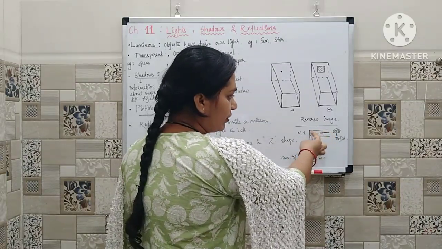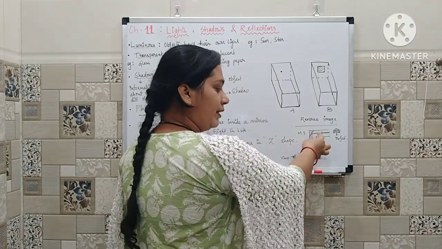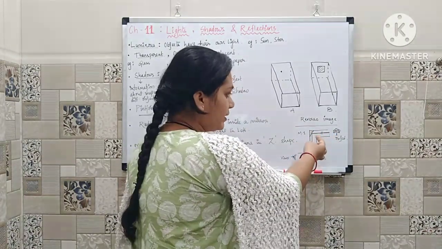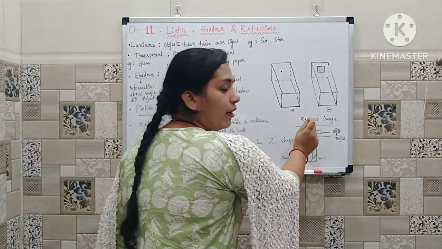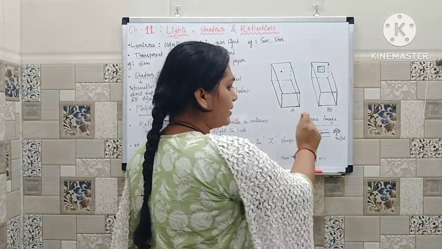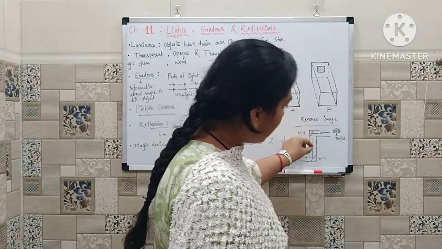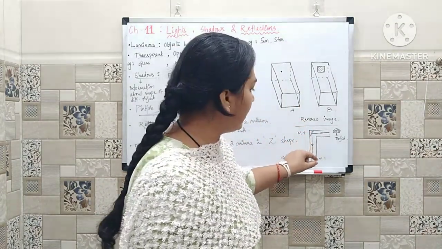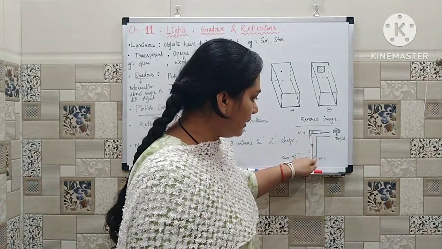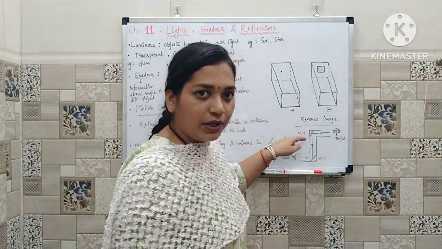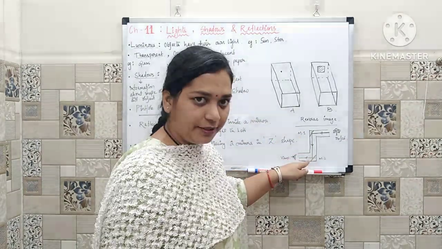Light passes straight through it, and when the object's image falls on the mirror surface, it exactly reflects back, and the same image comes, and here you will have another mirror, okay. In this corner you have one mirror, in this corner you have another mirror.